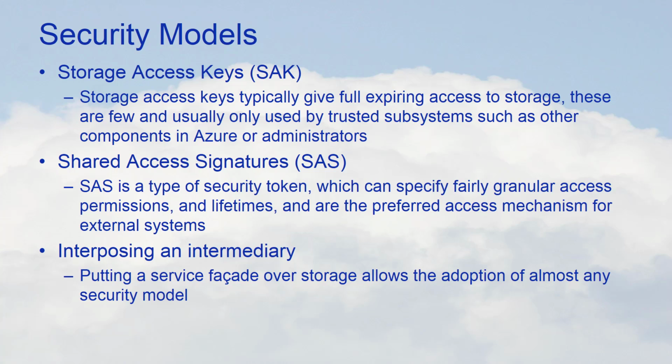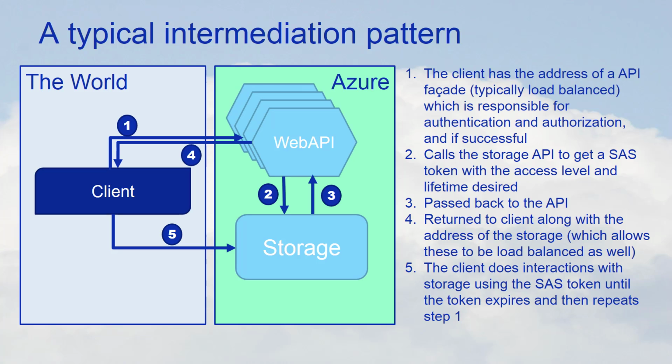It's not unusual to facade an intermediary over the top of storage in one way or another. And there are a bunch of ways of doing this, including putting a service between the consumers and storage directly. But another popular model is the intermediation pattern, where the client has a secure conversation with an API up in the cloud using whatever security mechanism you would like.